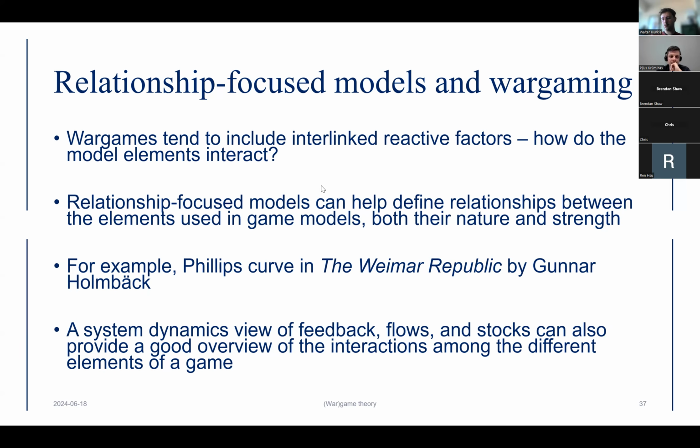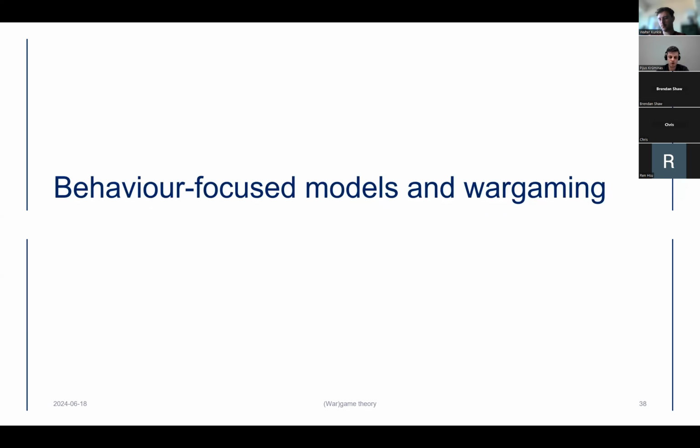So that's one thing, these relationship-focused models. They likely do not form the core of wargaming, because wargaming is still mostly concerned with behavior and decision making. But these types of models can help inform a war game approach in terms of the environment where the players will have to make their own decisions.